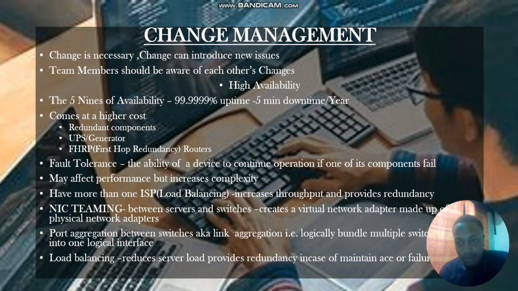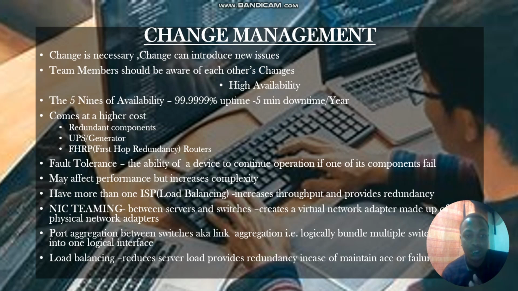Now, when I'm talking about availability, another term that we need to define is fault tolerance. And this is the ability of a device to continue operating if one of its components fails. Fault tolerance, redundancy. These words can be used interchangeably according to whatever you want to refer to.